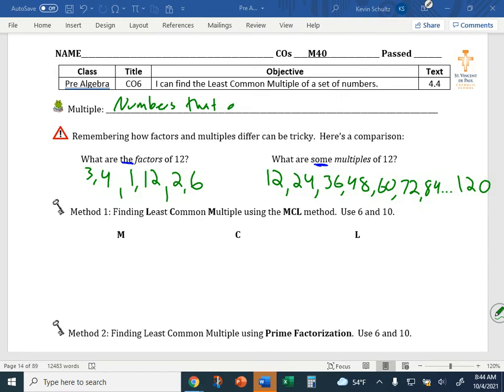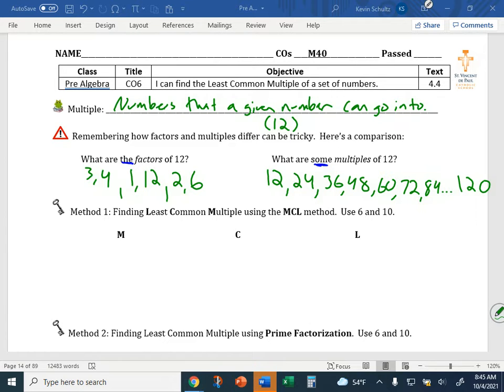Numbers that a given number, which for our example was 12, can go into. Okay? Numbers that a given number, and I'll put it in parentheses 12 down here because that was our example number. So numbers that 12 can go into would be multiples.